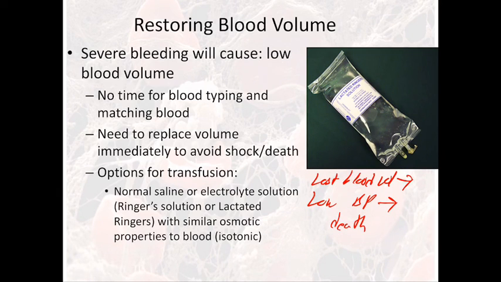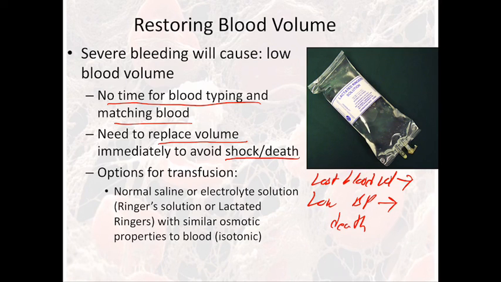So if somebody's had a lot of bleeding, the ambulance shows up, they're not going to take the time to figure out if they can find the right blood to put back in the person. The first thing they're going to do is try to get their blood pressure back up. There's no time for blood typing and matching of blood right away on the scene. So they need to get the volume back up to avoid shock and death.